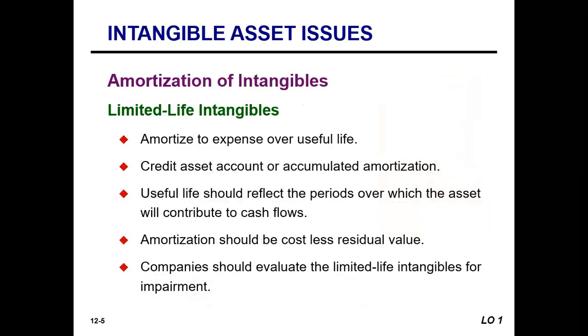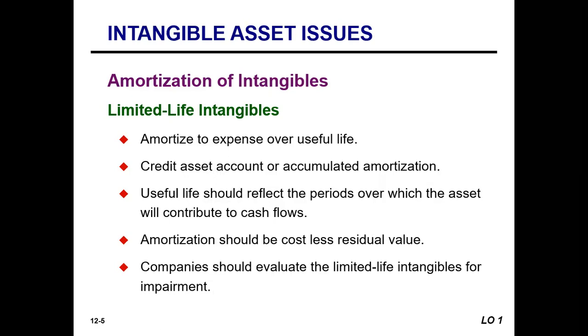All right, amortization of intangibles. Again, this chapter divides it up into either limited life intangibles or unlimited life, finite life or infinite life, right? Or definite life or indefinite life, right?